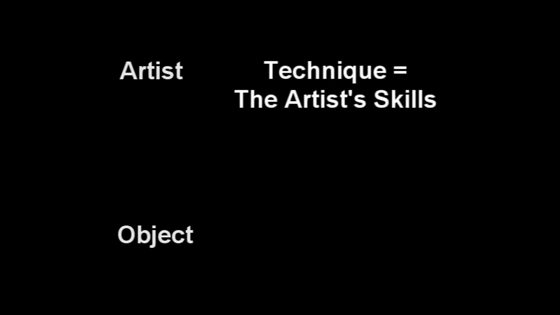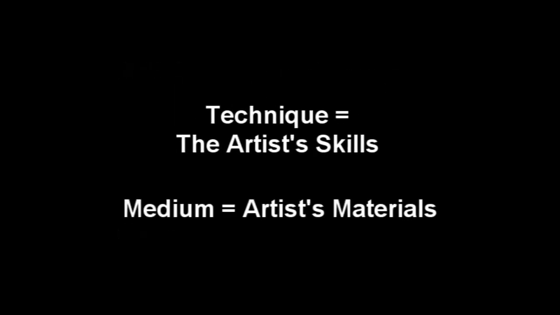In the art process, the artist uses his technique or skills to create an object by using his particular medium. An artist's medium are the materials that he uses to create his particular art object. The object is created, and the audience interprets the object.